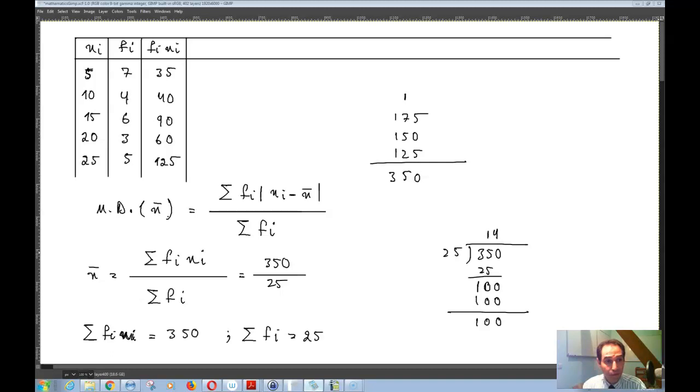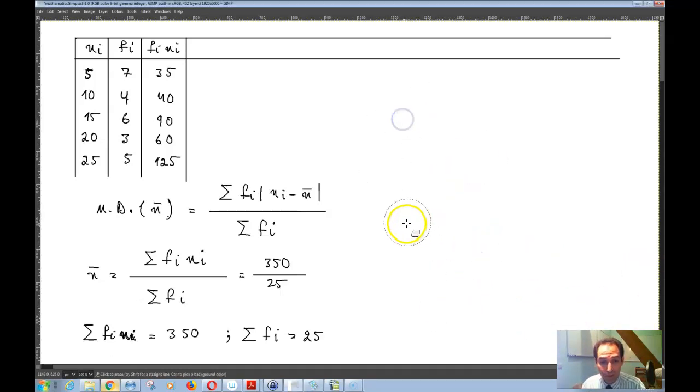And 7 plus 4 plus 6 plus 3 plus 5 is equal to 25. So the mean of the data is 14.